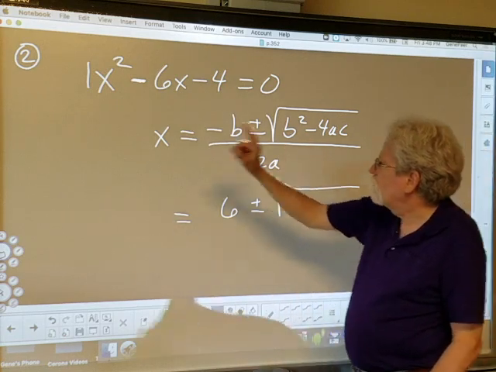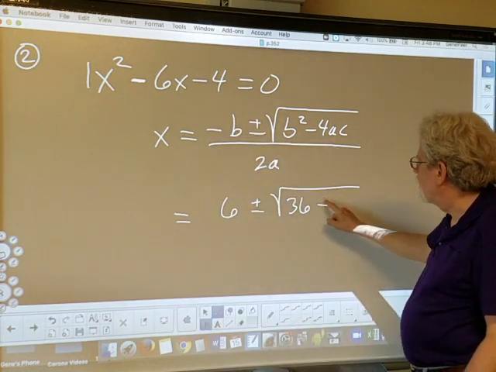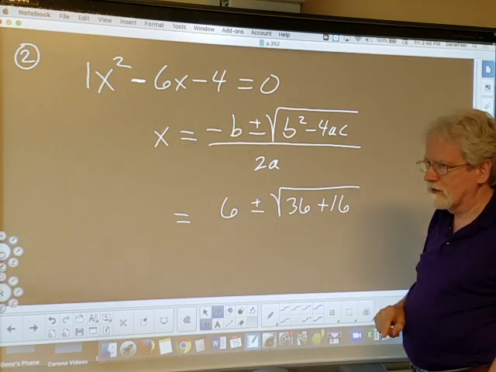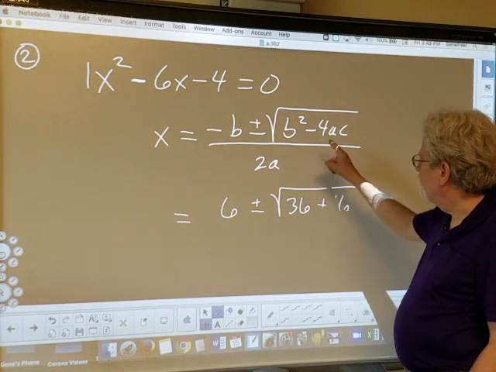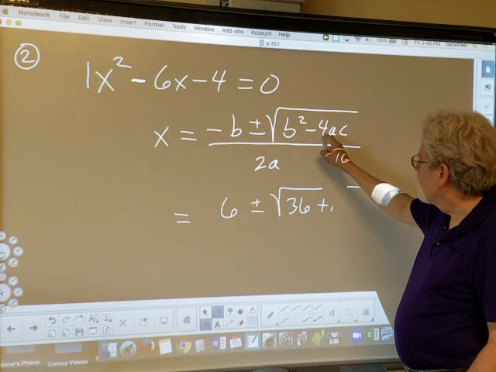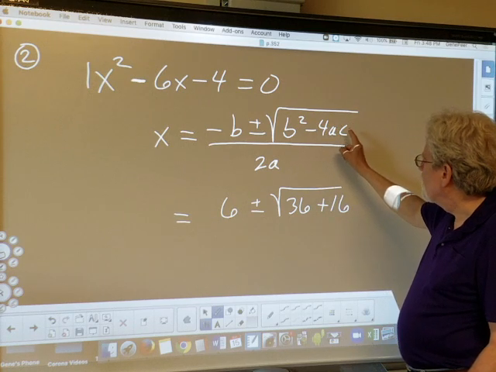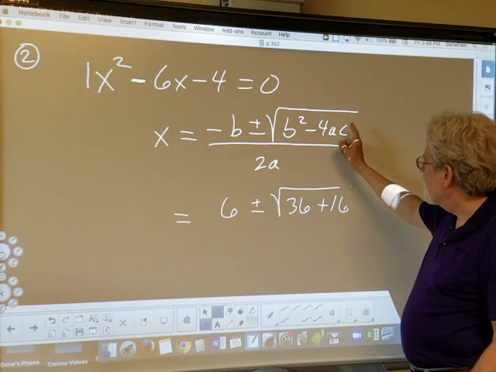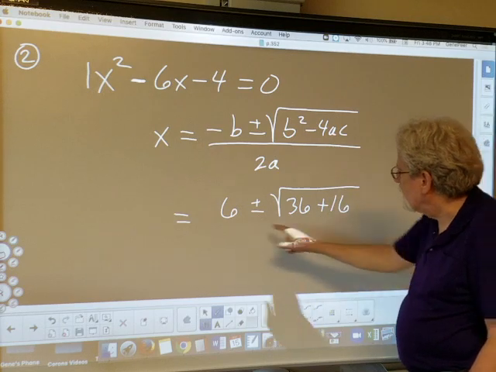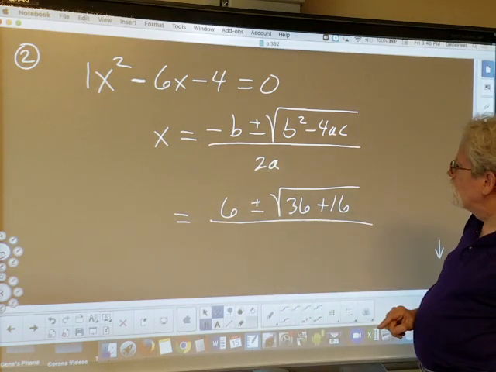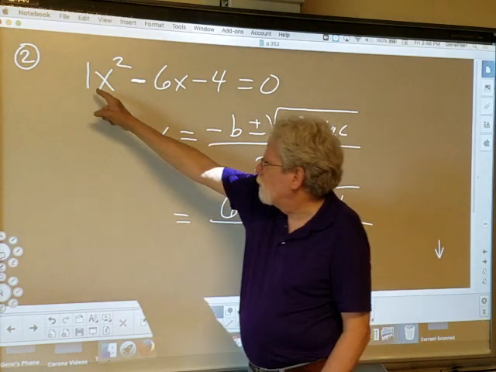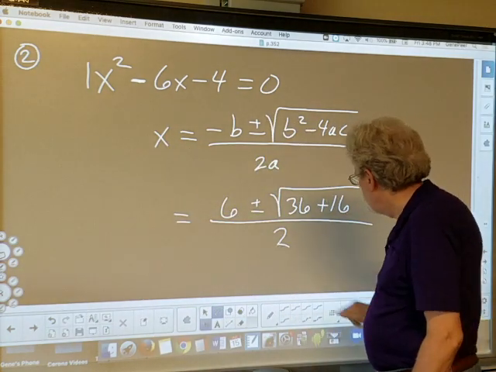Minus 4 times 1 times negative 4 becomes plus 16, because we're subtracting 4 times a positive times a negative. That becomes plus 16. All over what? All over 2 times a. a is 1, so we have all over 2.